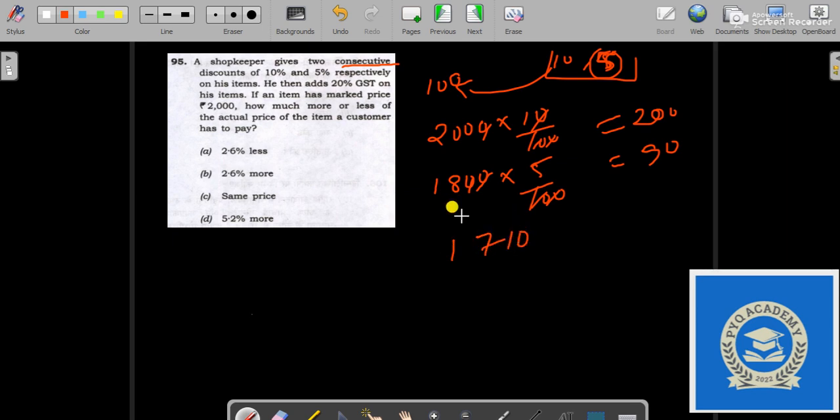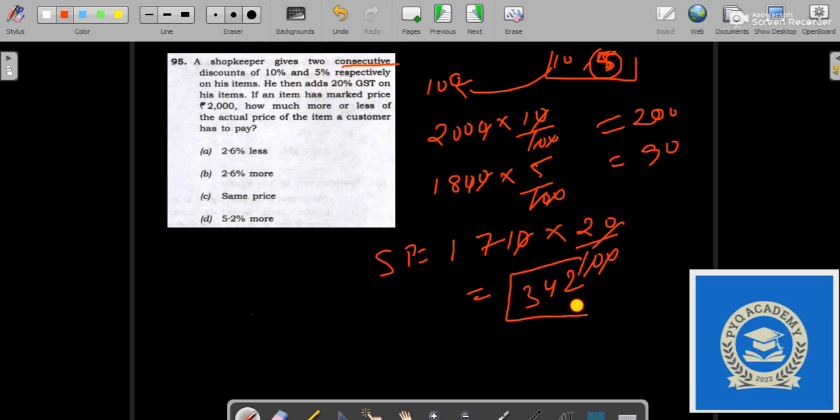If there were no GST, the selling price would have been 1710, but there is a 20% GST. So let's calculate this 20%. It will be 342.